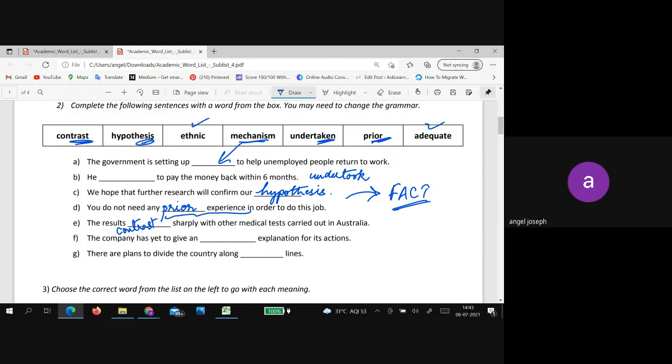The company has yet to give an adequate explanation. You understood this needs a vowel sound. Both words had a vowel sound, but ethnic explanation, a culture-related explanation, no one needs to give. Adequate, a suitable or necessary explanation for its actions. So adequate comes there.